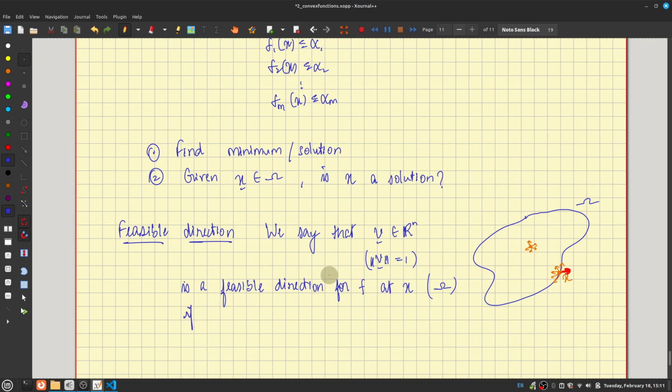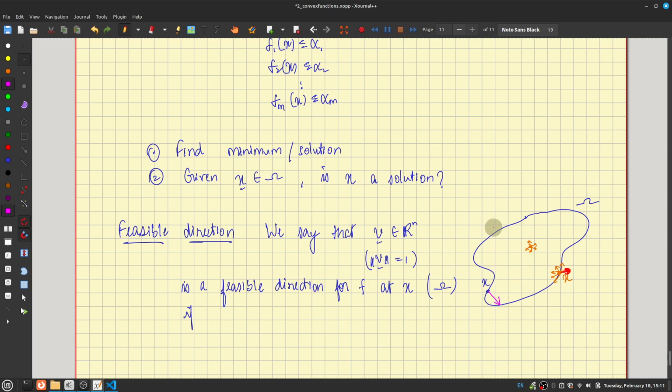If basically I can move along v up to a certain point. It could be that, for example, if this is my point x, then I can move up to a certain limit in this direction, right? Up to this point, I can go from here to here in this direction. But beyond that, I can't.